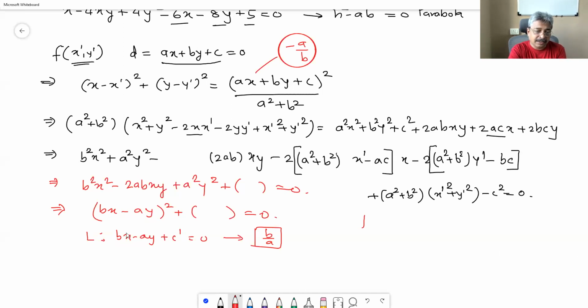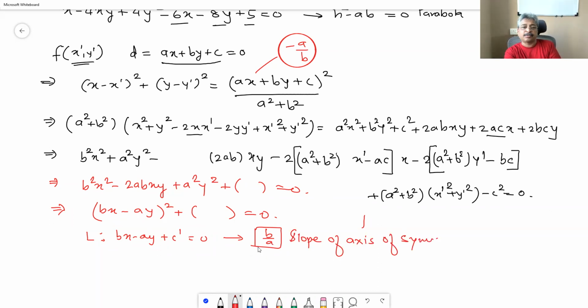This line bx minus ay plus whatever c dash is going to be parallel to the tangent at the vertex, no matter where that parabola is or how it is located, because this line is perpendicular to the directrix. Sorry, this is the axis of symmetry.